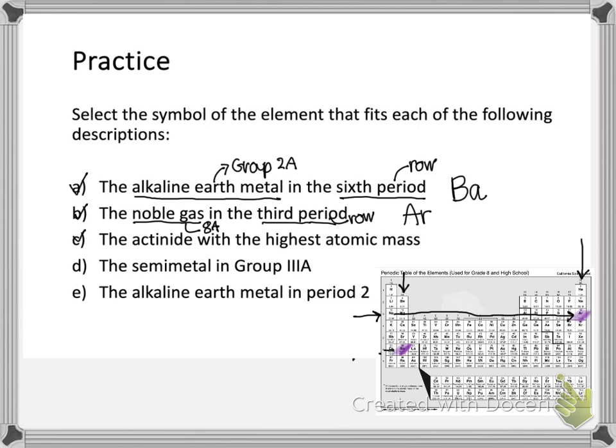Now, letter C, the actinide with the highest atomic mass. So actinides are in the inner transition elements. It's the lanthanides and the actinides. And again, it's based on the name of the lanthanum and actinium. So that's why I know the second one is the actinides, because AC is there.